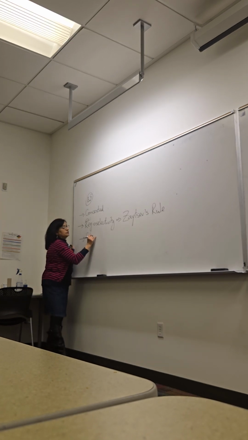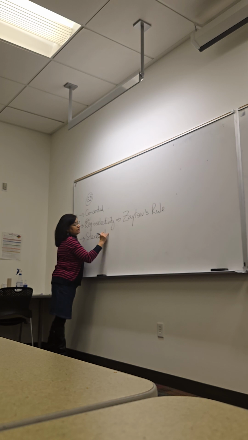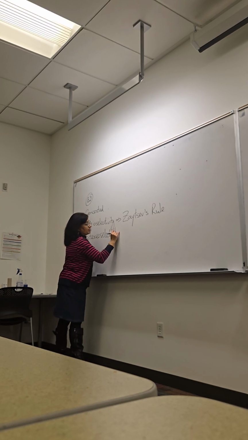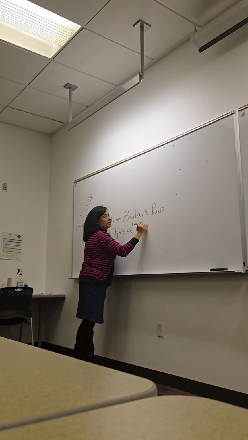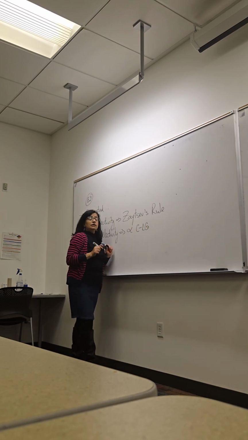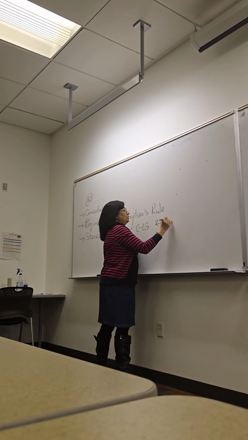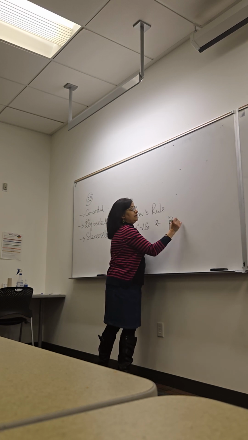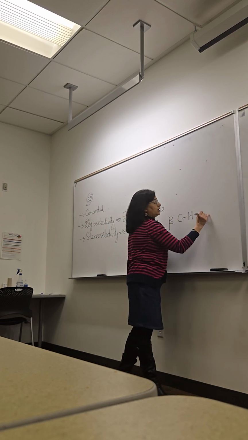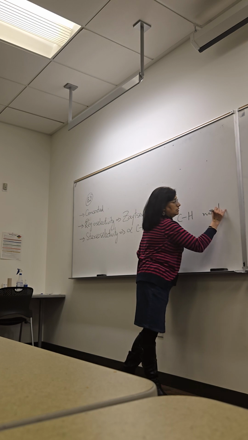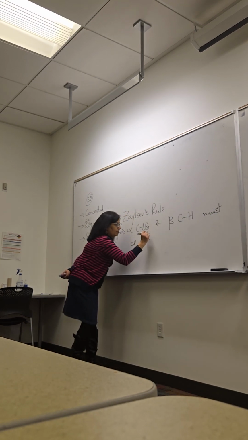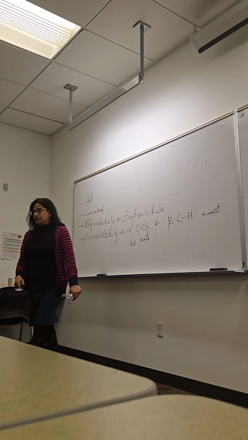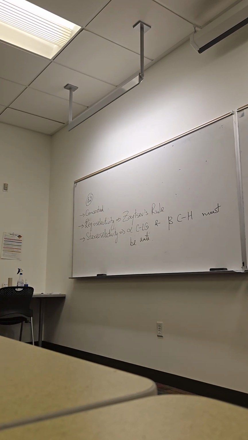And E2 is stereoselective, which means that the alpha carbon leaving group bond has to be opposite, 180 degrees, to the beta carbon hydrogen bond, must be anti. Otherwise, you can't do E2. Are we good with those points regarding E2?